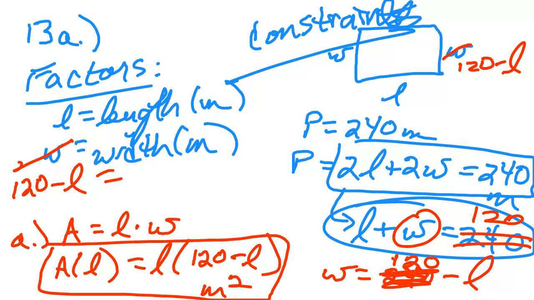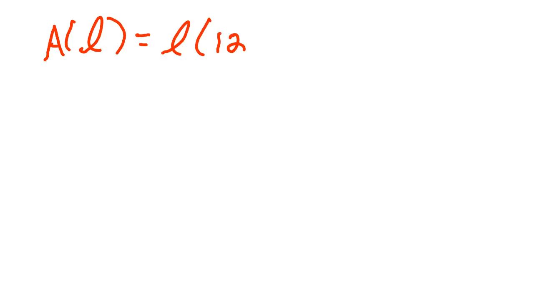And then what else does it say? What is the domain of your function? So part B, it says, what's the domain here? So let me clear this off. So we had A of L is L times 120 minus L. And the domain of your function, what could L be?